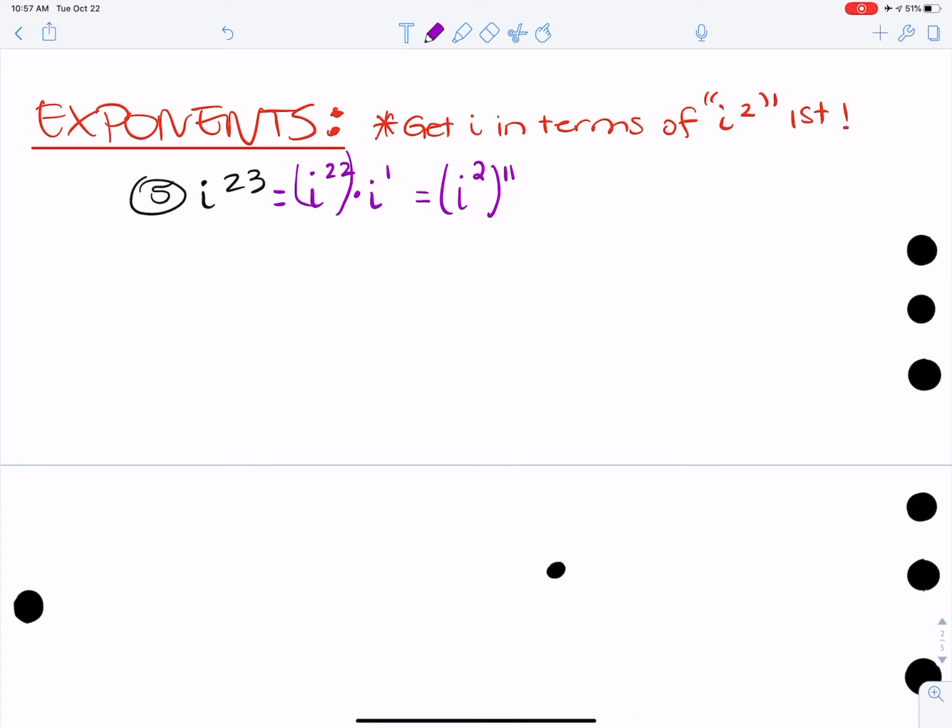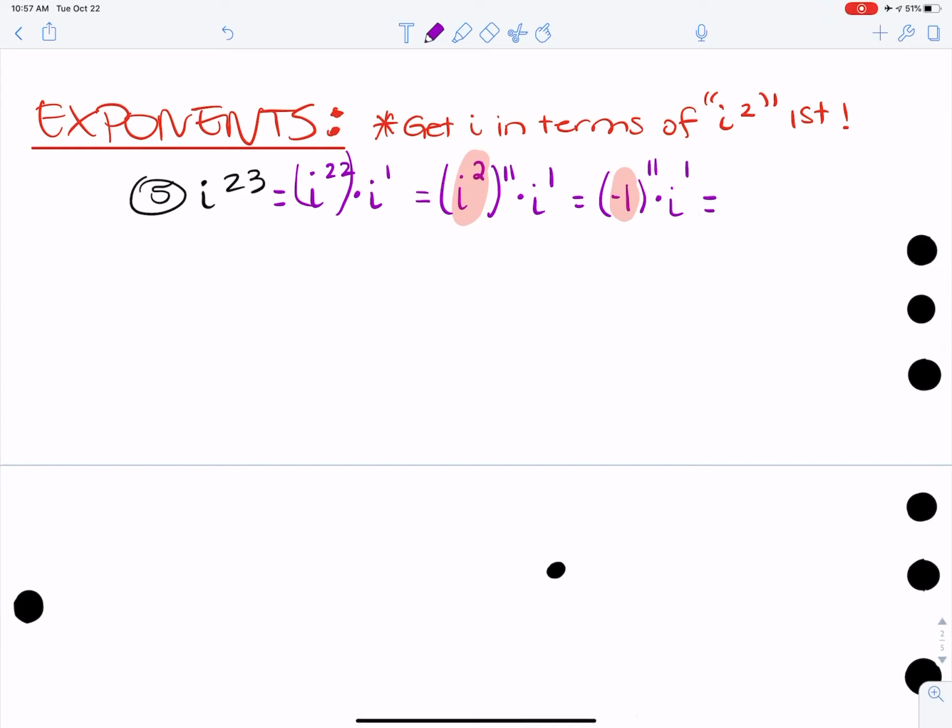And now i squared is singled out and it's in parentheses, and we can actually turn that into a negative 1. And so now let's turn it to a negative 1, because i squared is the same thing as negative 1, to the 11th times i to the 1st.